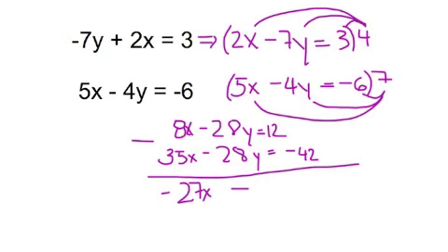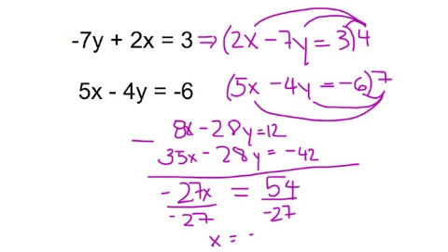I'm going to rewrite my equal sign. On the other side, I'm going to get 12 minus a negative 42, so that would be 54. Right? I'm now going to divide both sides by negative 27 and get x is equal to negative 2.